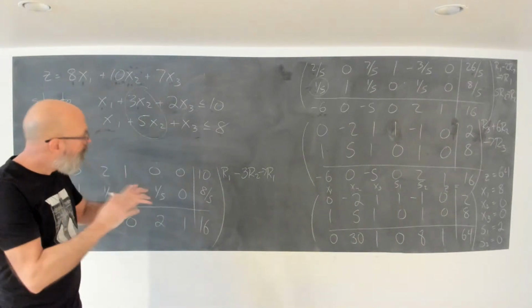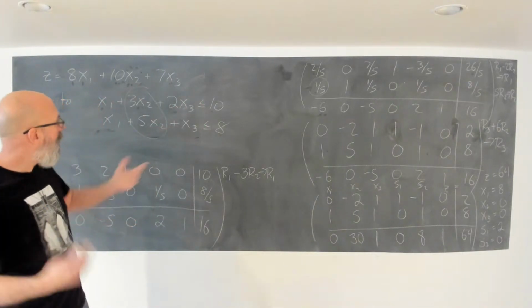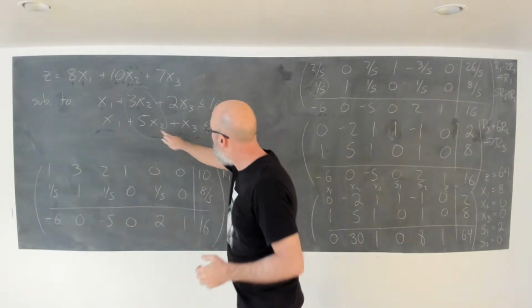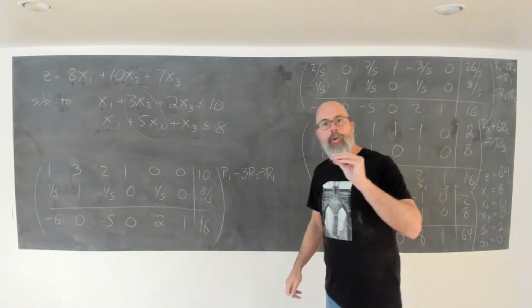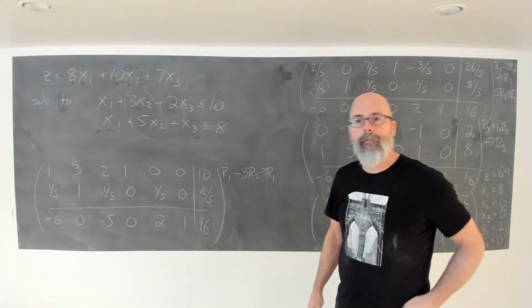You're bounded by these inequalities, right? x2 cannot be as large as you want. In fact, it's very small. It cannot be bigger than 5 over 8. And so you have to take that into account. That's what the pivot does.